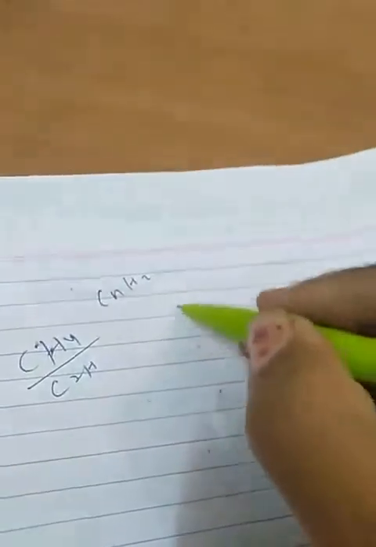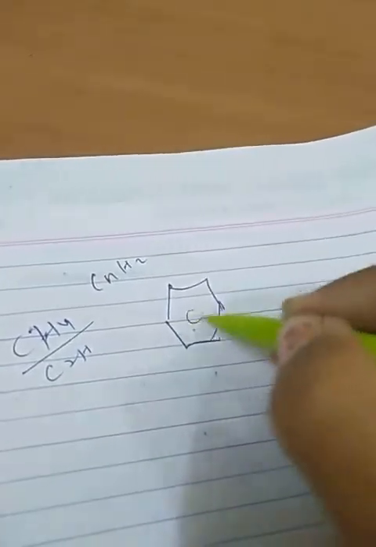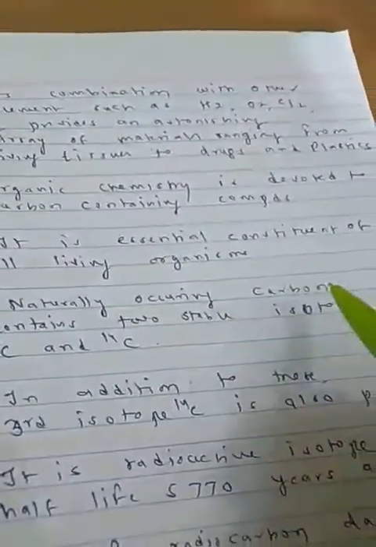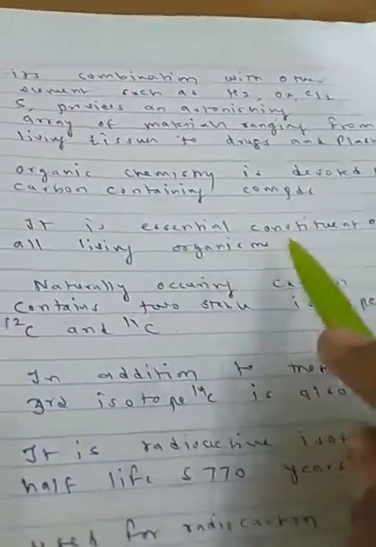I will teach you afterwards. Then you get benzene. Mainly the compounds are related to carbon and hydrogen. They are called organic chemistry. We will do it in the next chapters. Carbon is an essential constituent of all living organisms. Our body is also made up of carbon.